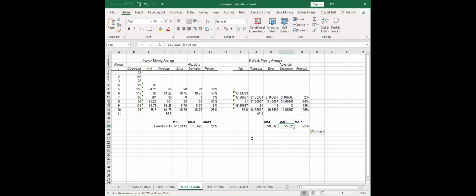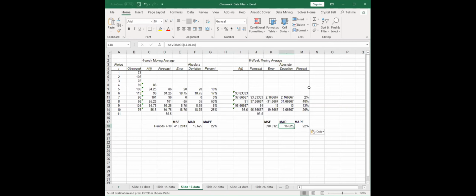Again, as Jamie said, if you want to compare the performance of the 4-week moving average versus the 6-week moving averages, you are looking at numbers that have values in them.